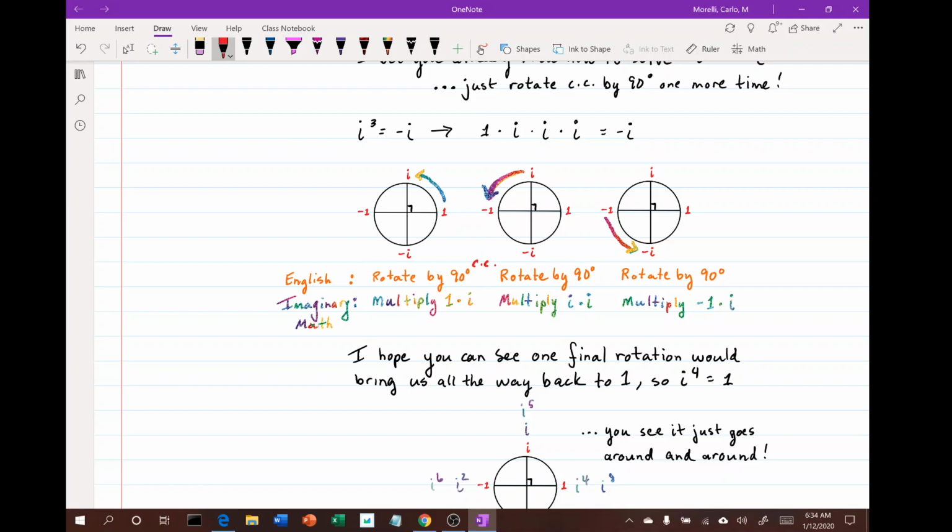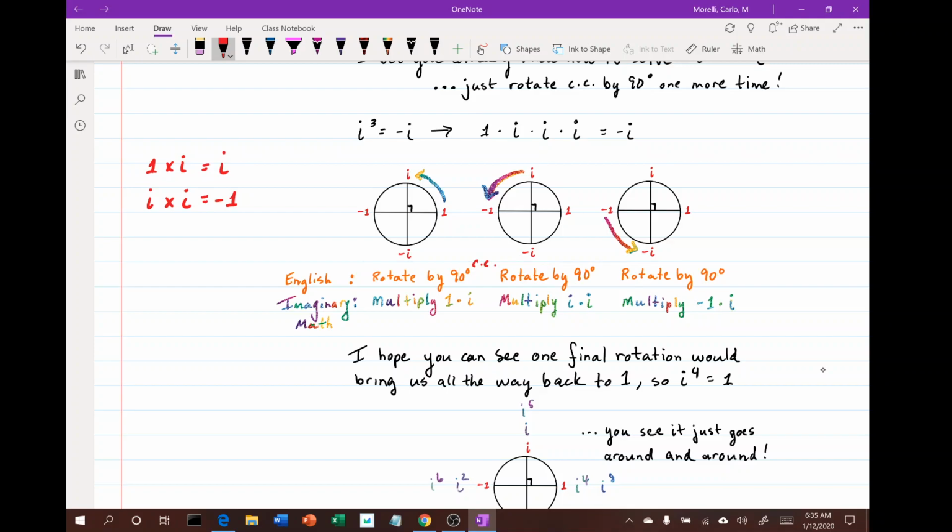Now we're going to do it again. Rotate by 90 degrees counterclockwise. In imaginary math, multiply i times i. Okay, so we just learned something, didn't we? We just learned that i times i equals -1. All right? 1 times i equals i.